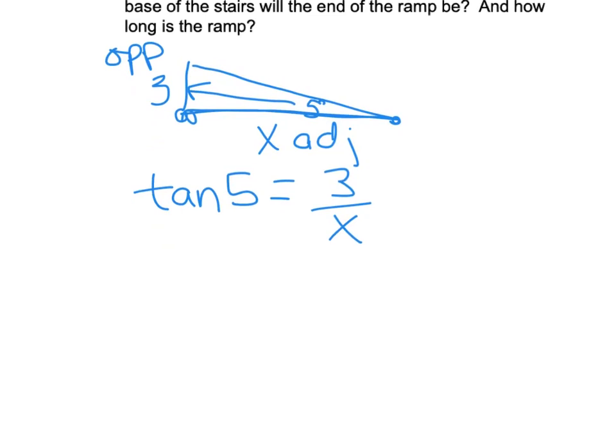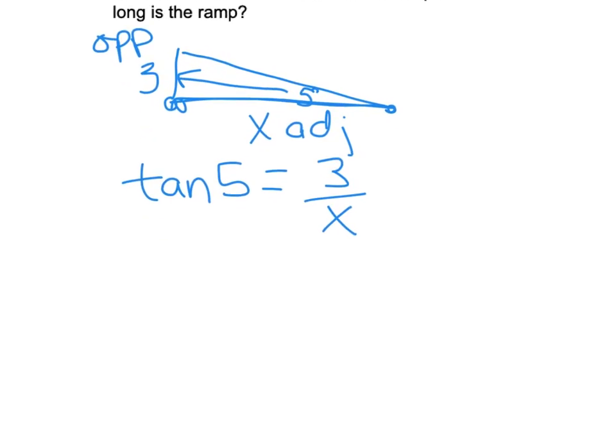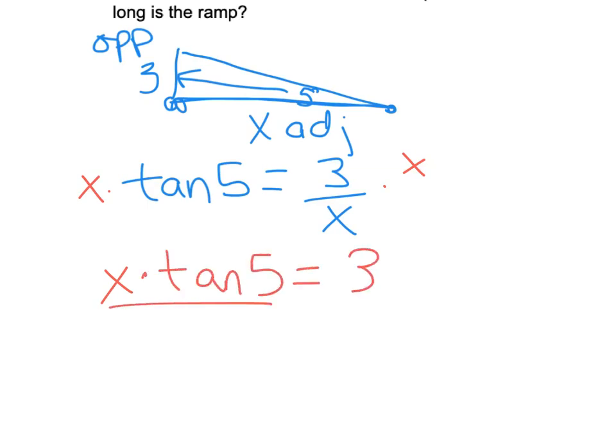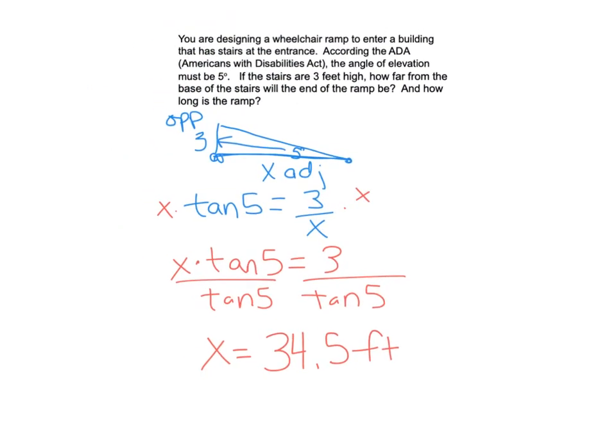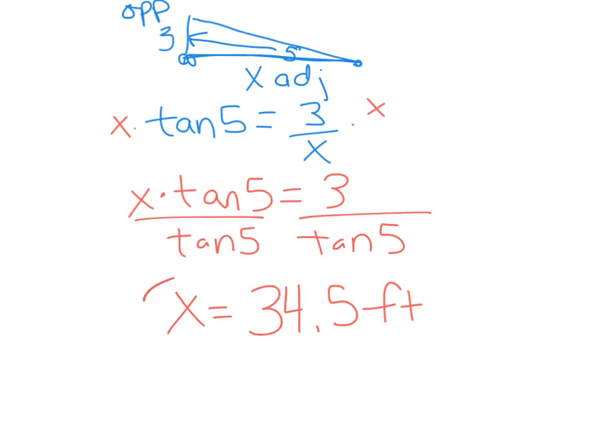Again, our x is in the denominator this time, so I need to multiply both sides by x, and I get x times the tangent of 5 equals 3, and then I need to divide out that tangent of 5. And we should get that the ramp needs to be approximately 34.5 feet. It's in feet, right? Yep. From the base of the stairs.